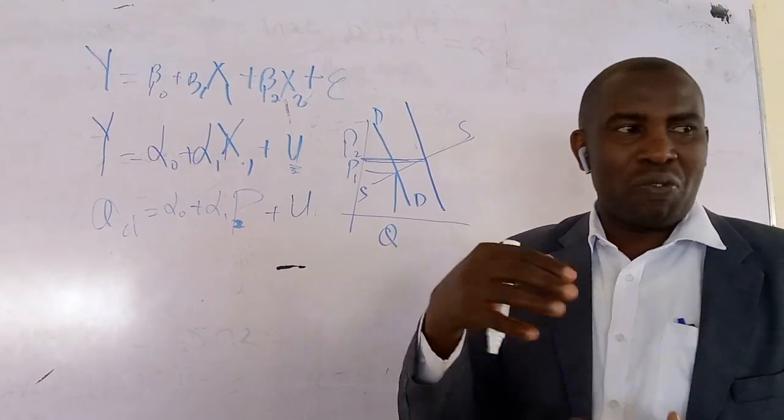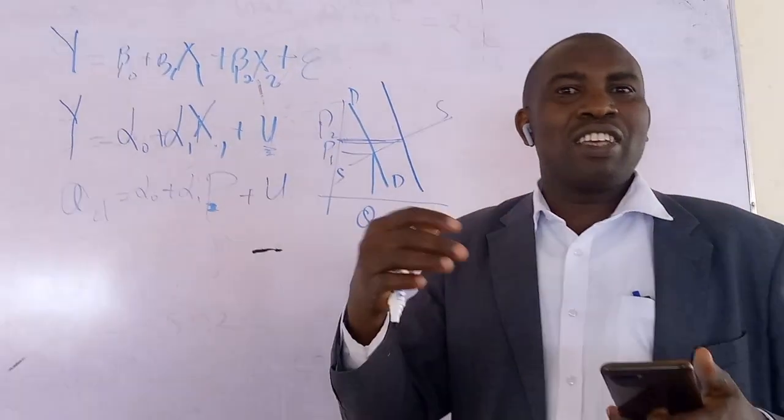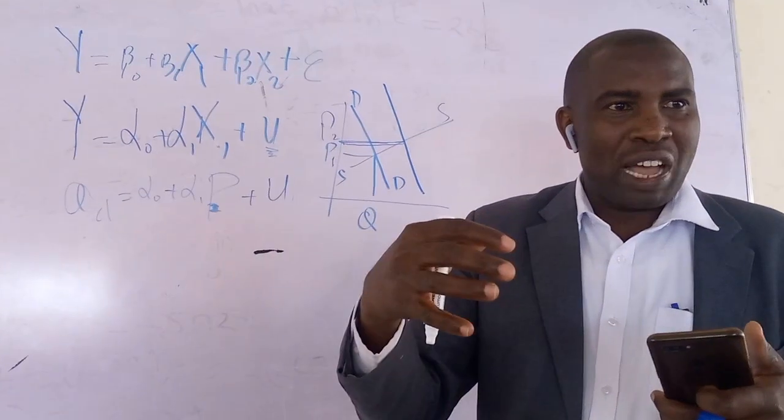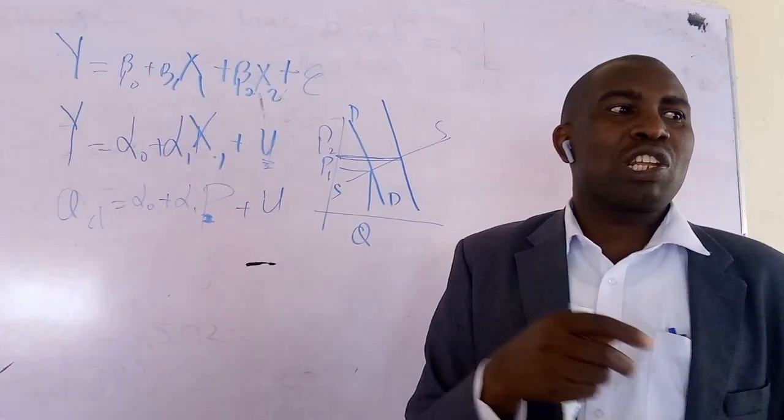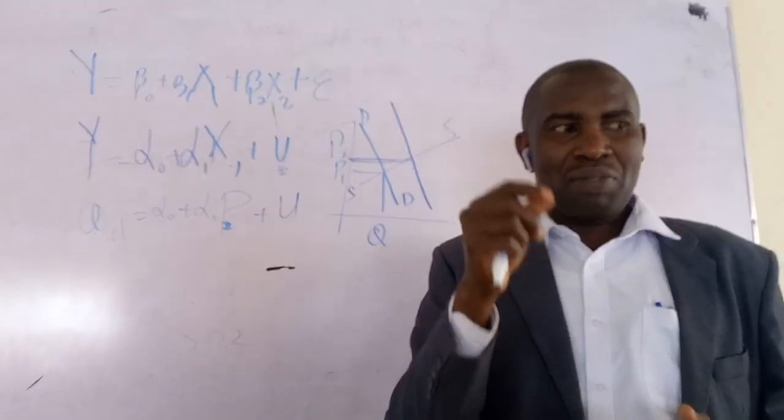They do not converge to the population parameter, because we know that if you increase the sample size, the estimates should be coming closer to the population parameter. So those are the consequences of omitting a relevant variable.